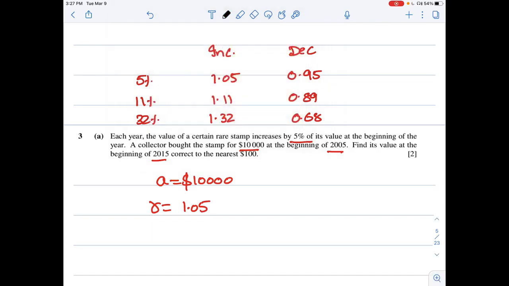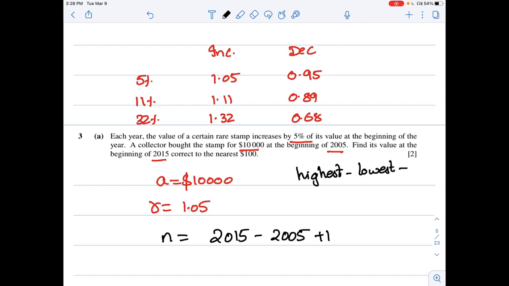So n will be equal to 2015 minus 2005 plus 1. Don't forget to write it out, plus 1. So anytime if you want to know how many numbers there are, highest minus lowest plus 1. That gives me n is equal to 11.